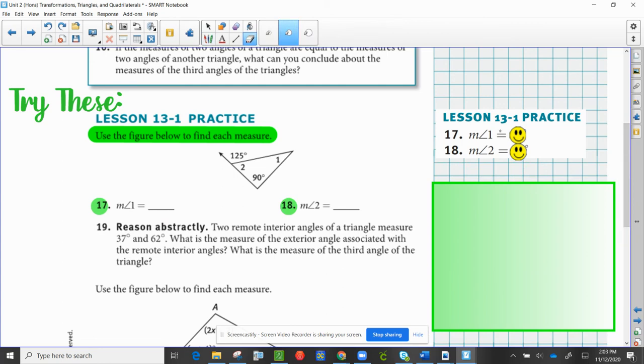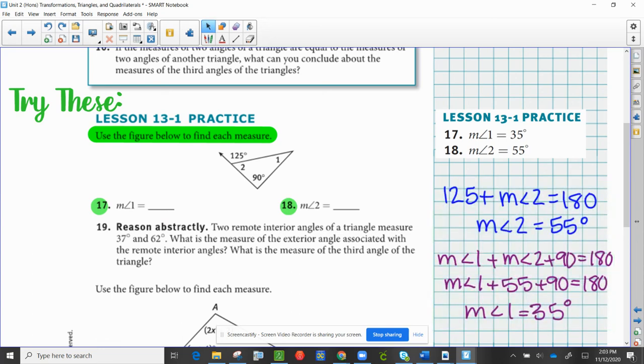Okay, so if you got the measure of angle 1, you should have got that it was 35 degrees, and the measure of angle 2 was 55 degrees. Now, if you want to see my work, here it is. So the measure of angle 2 and 125, those are supplementary. So I set those equal to 180. That gave me the measure of angle 2 of 55.